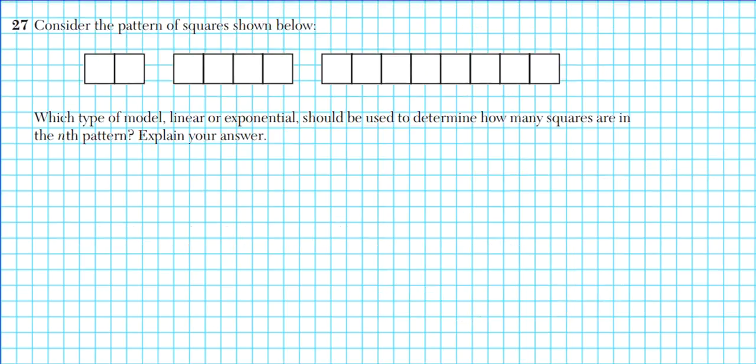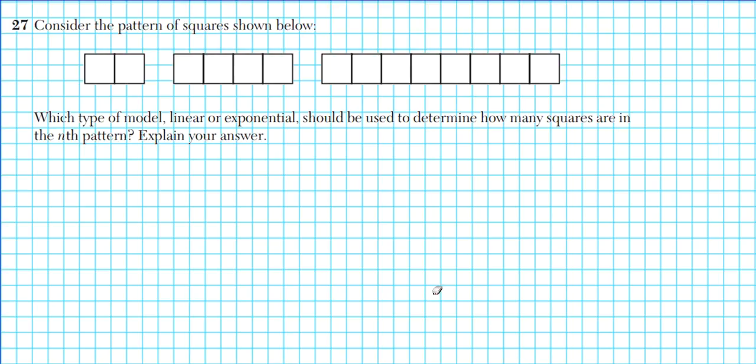Now let's take a look at problem 27. It says, consider the pattern of squares shown below. Which type of model, linear or exponential, should be used to determine how many squares are in the nth pattern? Explain your answer. So this is basically a sort of multiple choice question, but we have justification or explanations attached to it.